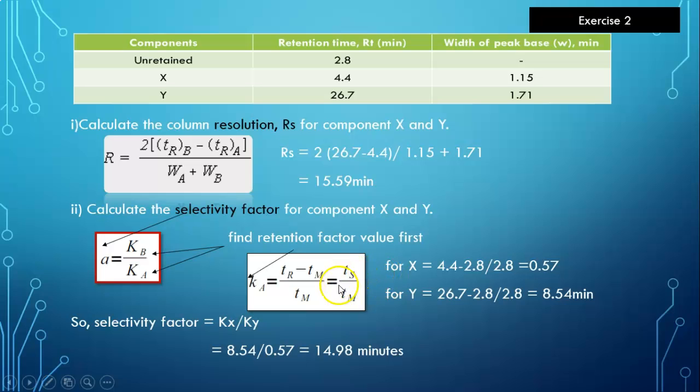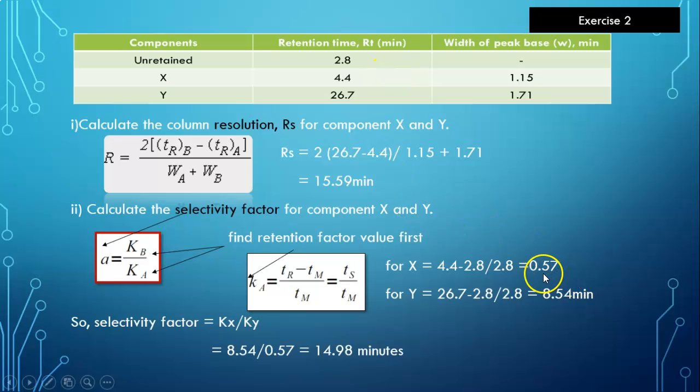If the Ts is given, you can use Ts over Tm. In this case, the stationary time Ts is not given, but the dead time or Tm is given here. So you cannot use Ts over Tm. You must use Tr minus Tm over Tm, and calculate for both A and B respectively. For component X, Tr here is 4.4 minus the dead time, which is 2.8, divided by the dead time 2.8.